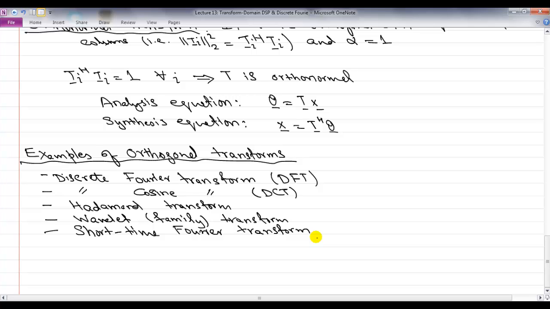Now we'll try to go into specific, and we'll see what, for example, T looks like in one case versus the other. Okay. So the first thing we are going to cover is the discrete Fourier transform, or DFT as it is commonly called.